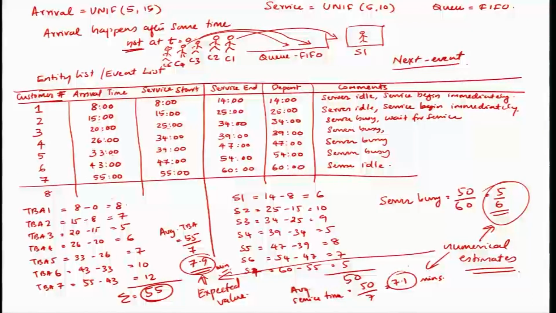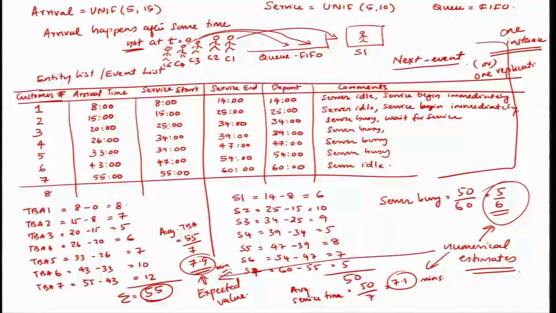This one particular example is one instance, or one replication. One replication means one complete run of the system.